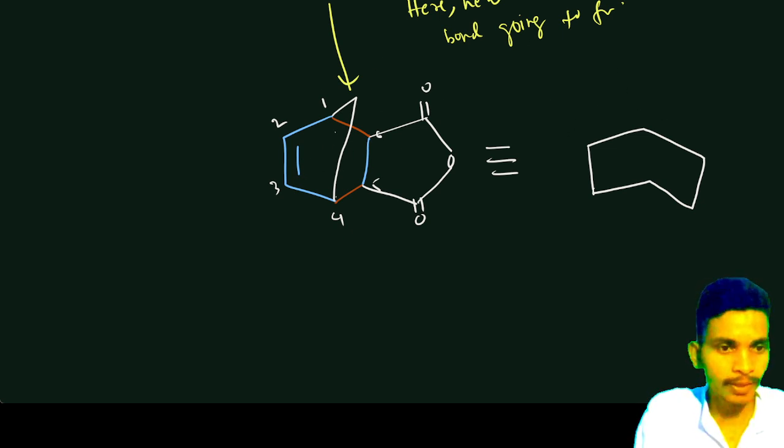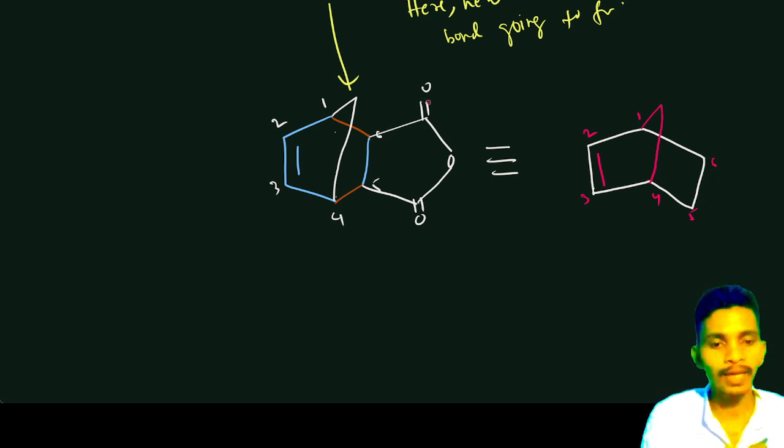If you get confused, just name it: 1, 2, 3, 4, 5 and 6. At 2 and 3 double bonds are there, so make the 2, 3 double bond, and 1 and 4 are there, so make that, and 6 and 5 we have this.